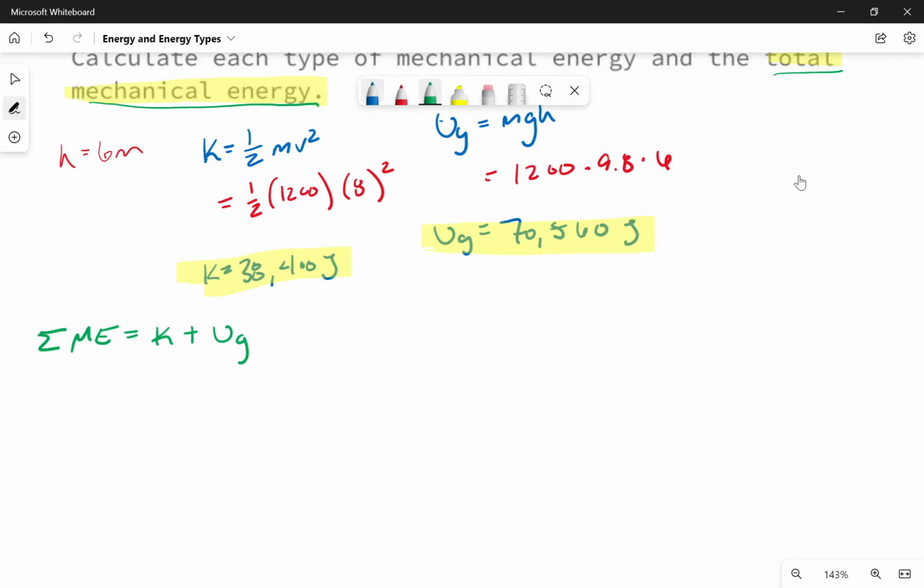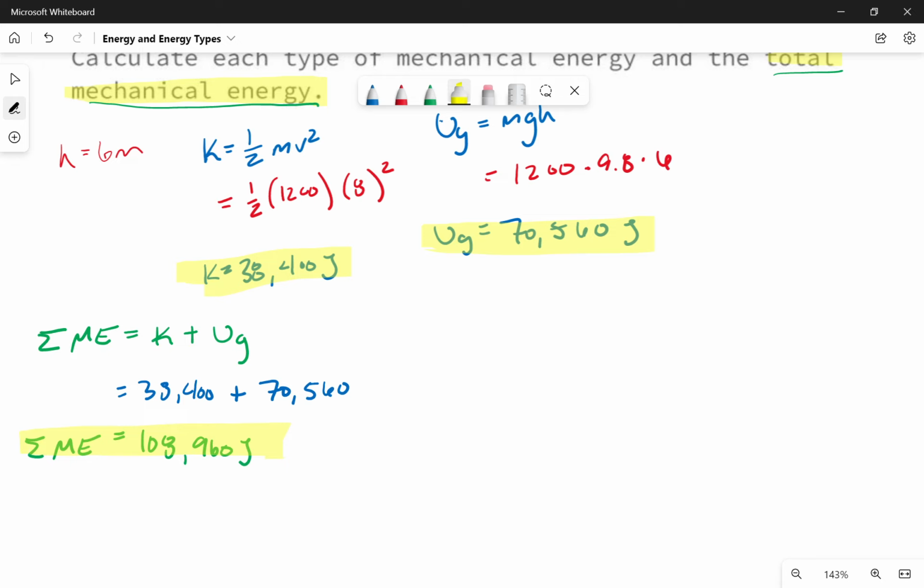So it's going to be equal to 38,400 plus 70,560. And again, I'll go to my handy dandy calculator here. So the total mechanical energy is equal to 38,400 plus 70,560. And so we get 108,960 joules. So that's the total mechanical energy. We're just adding the two up.